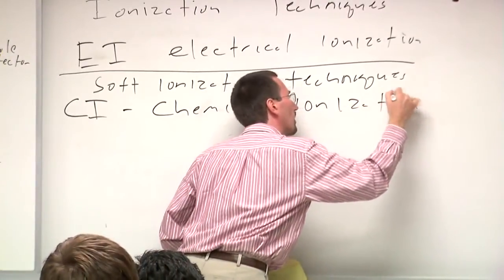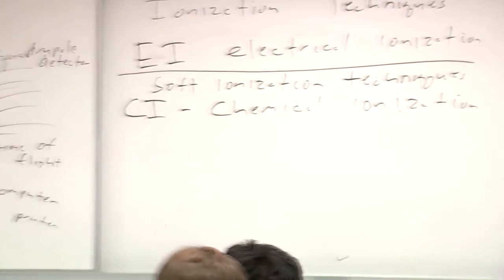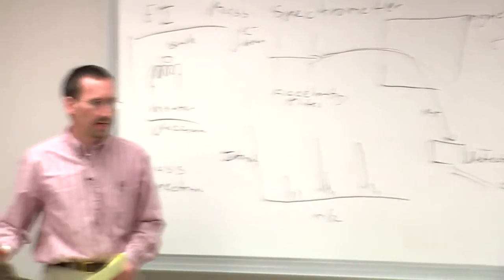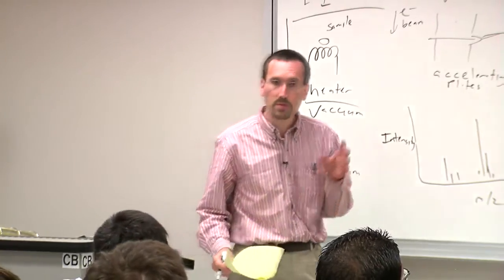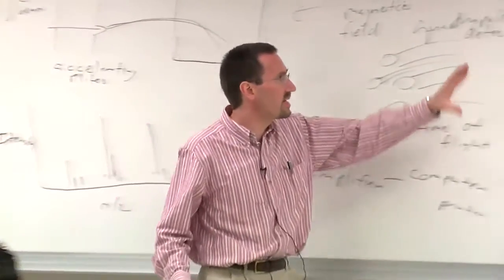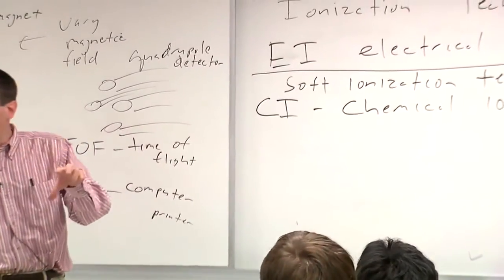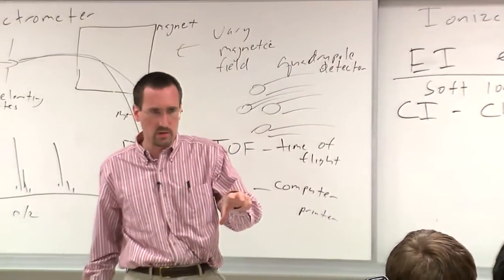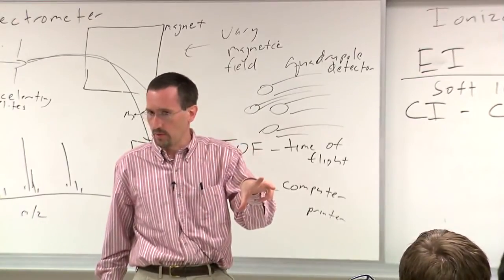And the big difference between chemical ionization and electron ionization, and the big difference between all of the soft techniques and electron ionization, is instead of knocking an electron out of the molecule, you're putting something charged onto the molecule.